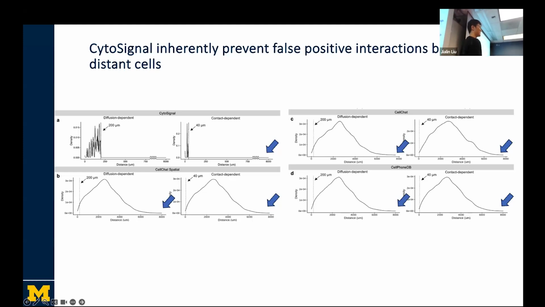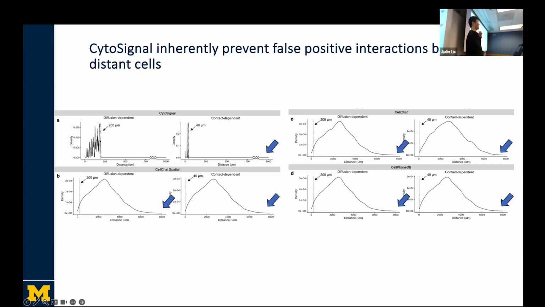In both cases, there are a lot of false positives. From a technical perspective, what's the advantage of the way you take spatial information into consideration that makes it more accurate? CytoSignal does our inference at the cellular level.